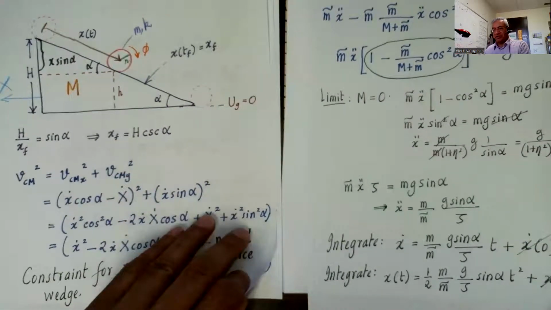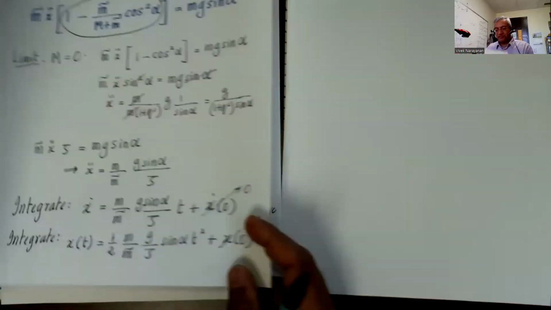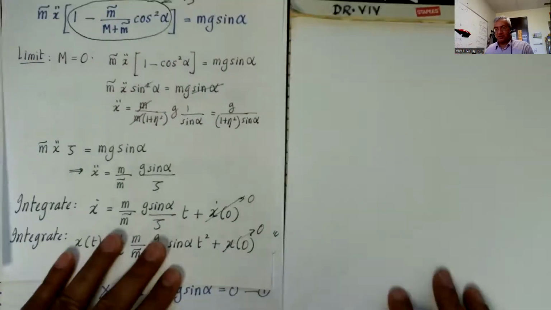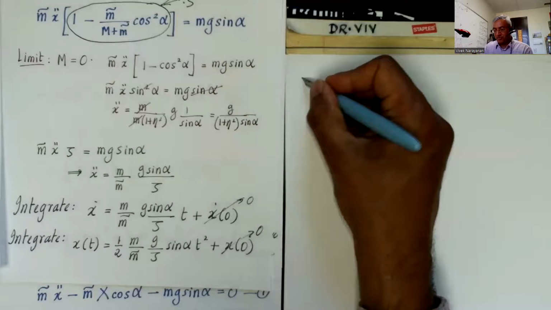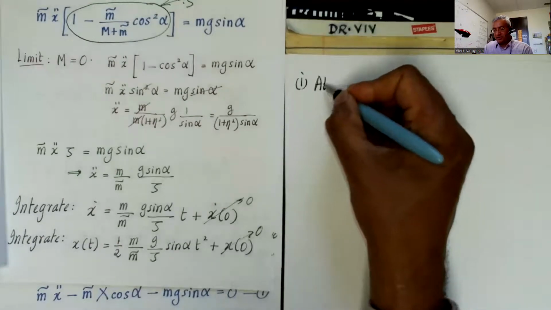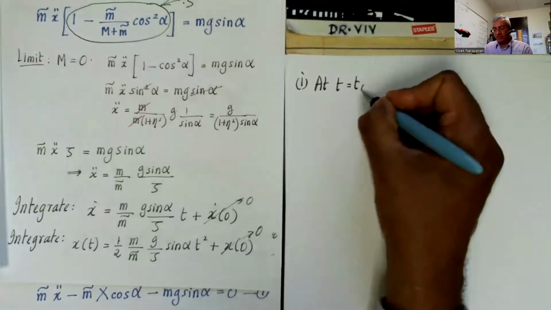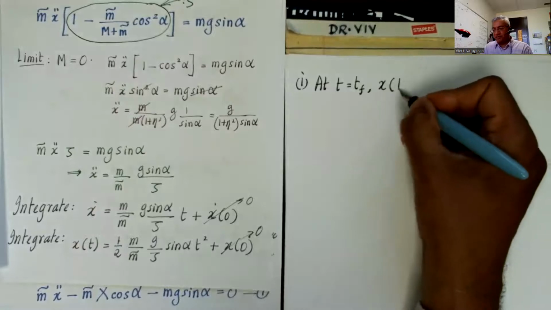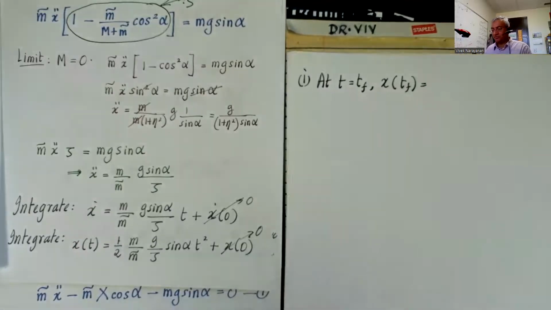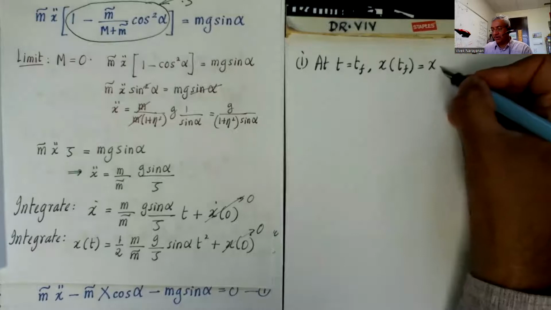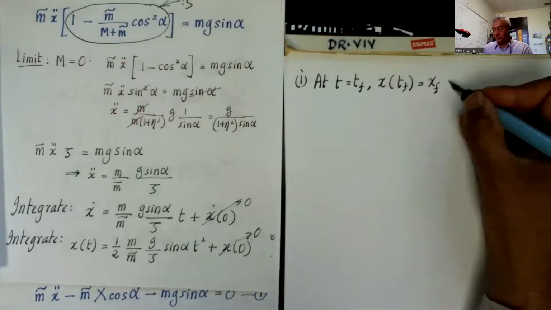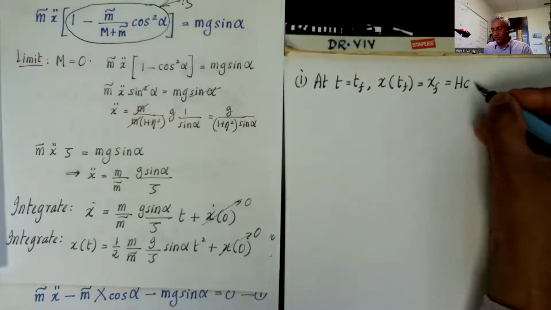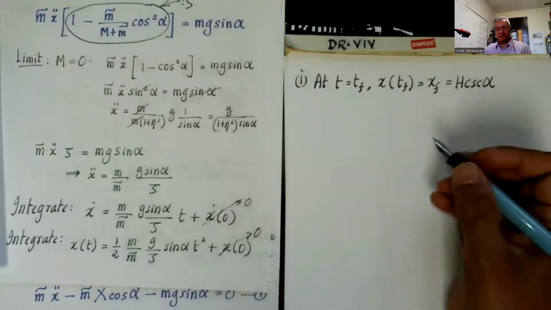So let's use that piece of information. So this is part 1. At time t equals tf, x of tf is x sub f, and x sub f is h cosecant alpha.